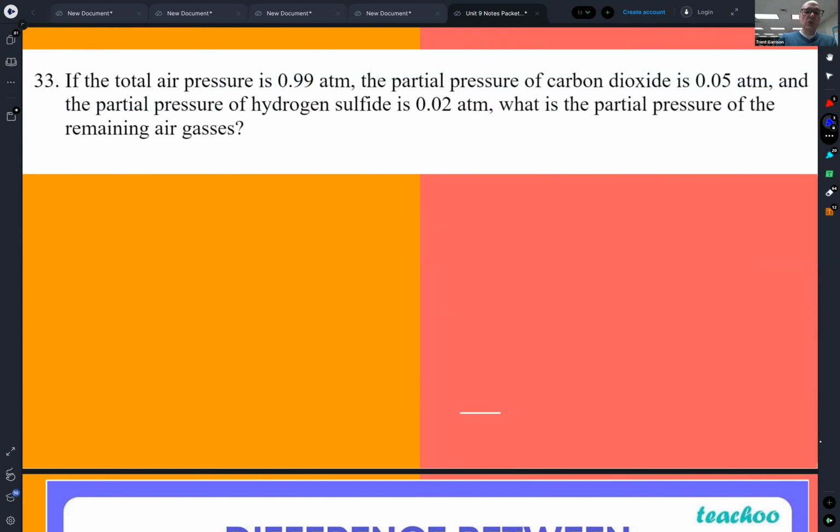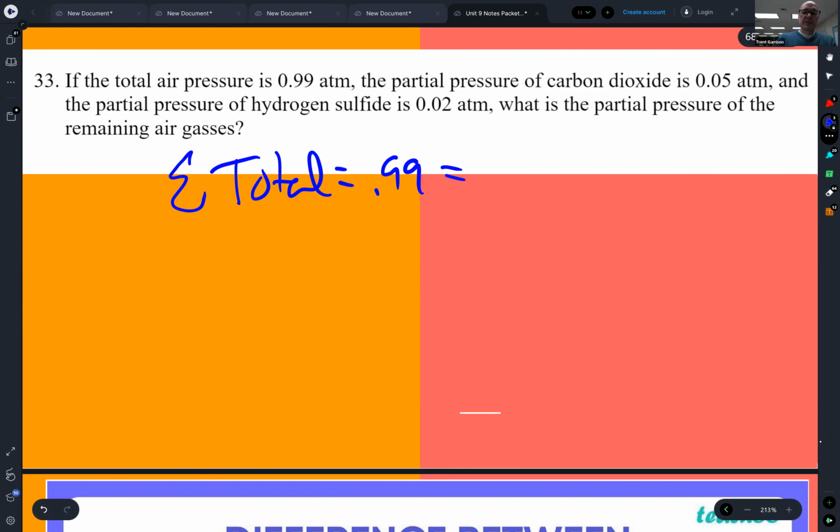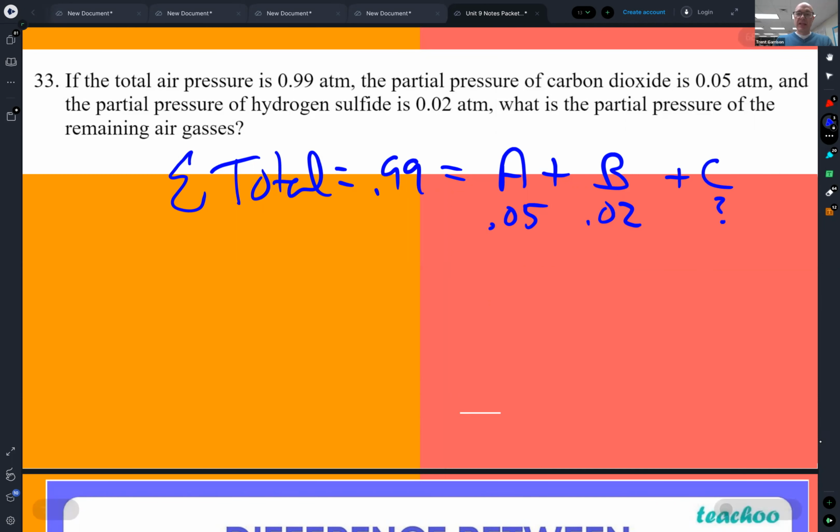So it says the total is equal to 0.99. So that's the sum. And so we have these gases, A and B. Well, the portion of one of them is 0.05 and the other one is 0.02, but we don't know what the third one is. So we're trying to figure out what that third part is.